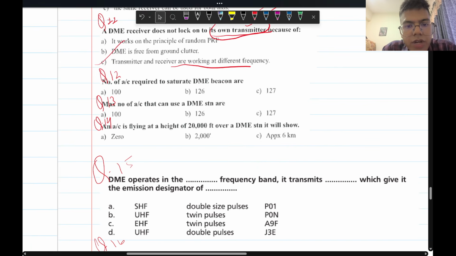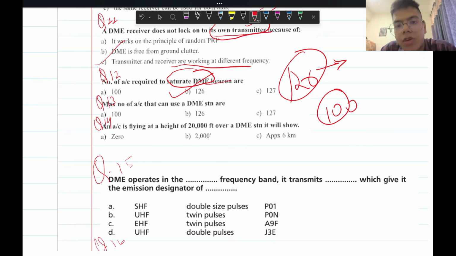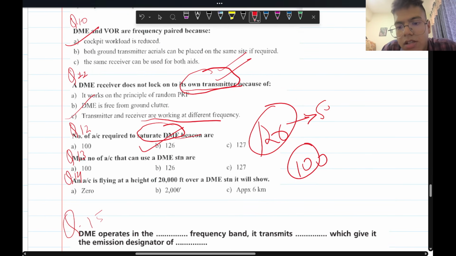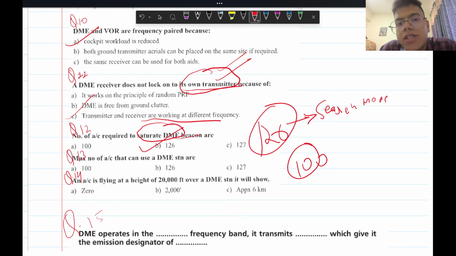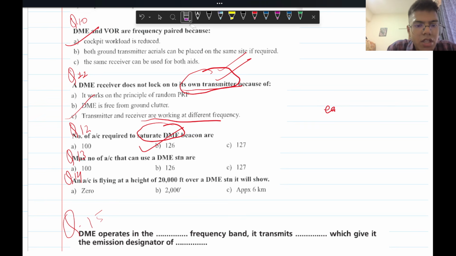Number of aircraft required to saturate DME beacon are... see, number of aircraft required to saturate DME beacon is 126, okay, not 100. Sorry, I paid attention to the question below.